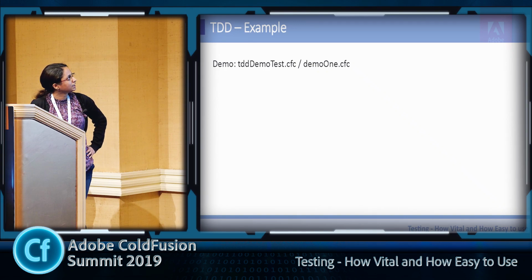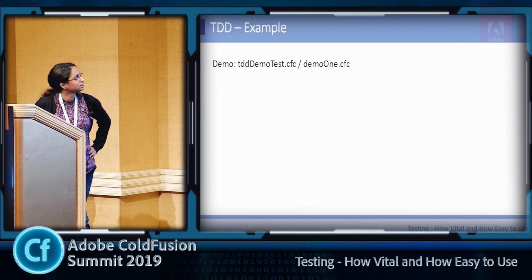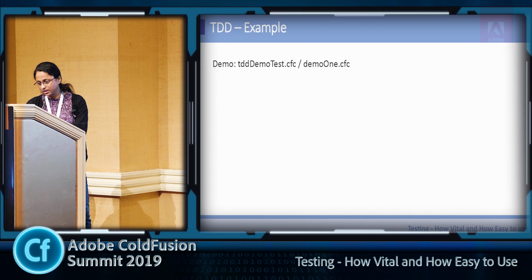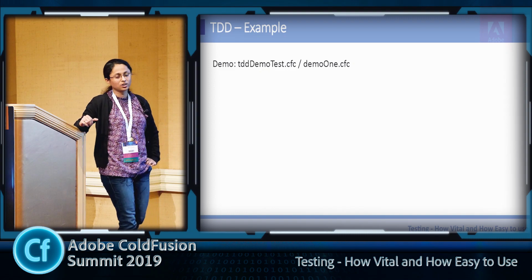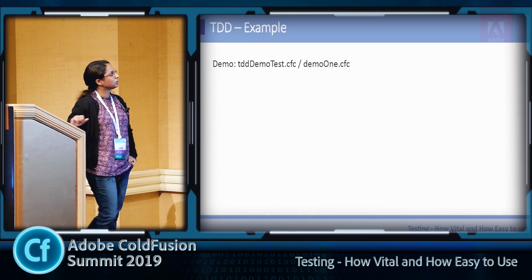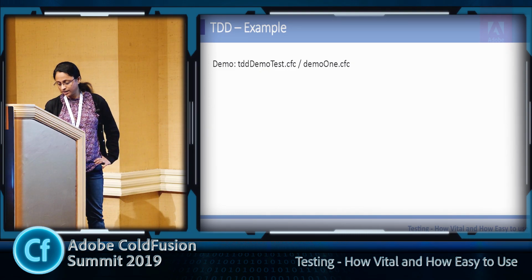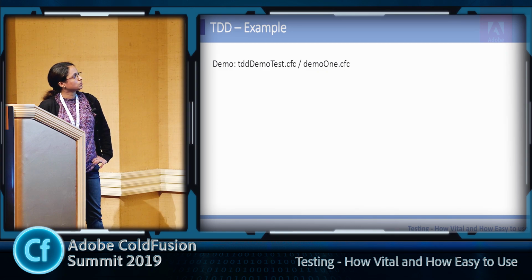And then the first line is extending TestBox's base specification. So what does beforeTest do? This is a global lifecycle method. In this, I'm just defining my target, which is also called the system under test, SUT, or component under test, CUT. So I'm just instantiating my CFC, the ColdFusion component.